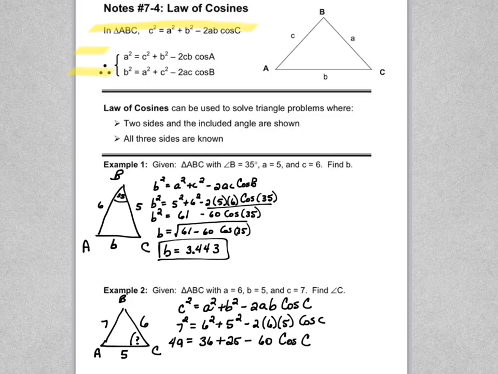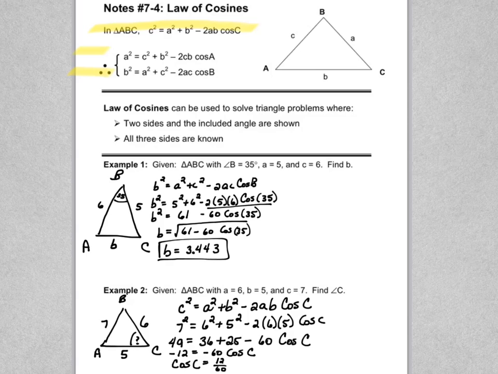That's going to be negative 12 equals negative 60 cosine of C. Okay, so since they're both negative, the cosine C is equal to negative 12 over negative 60, or positive 12 over 60.